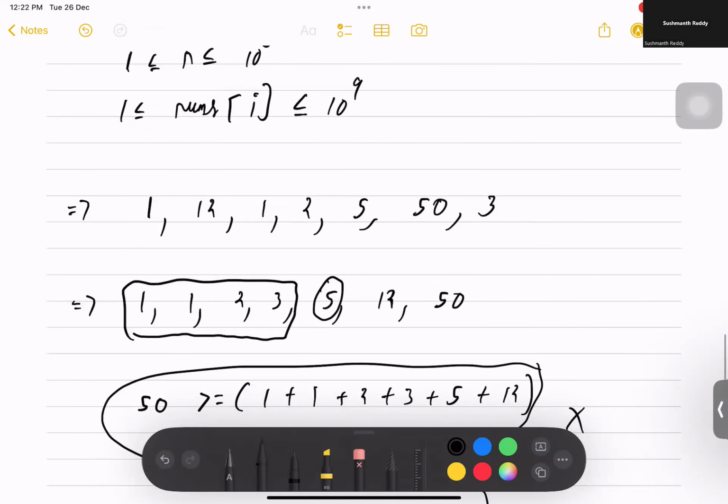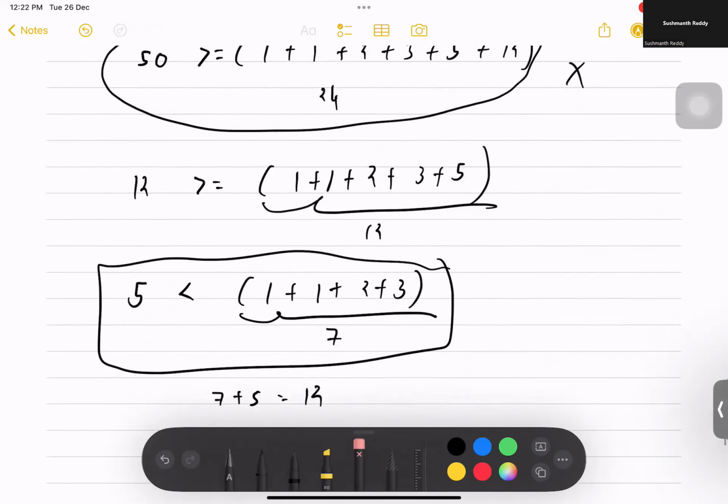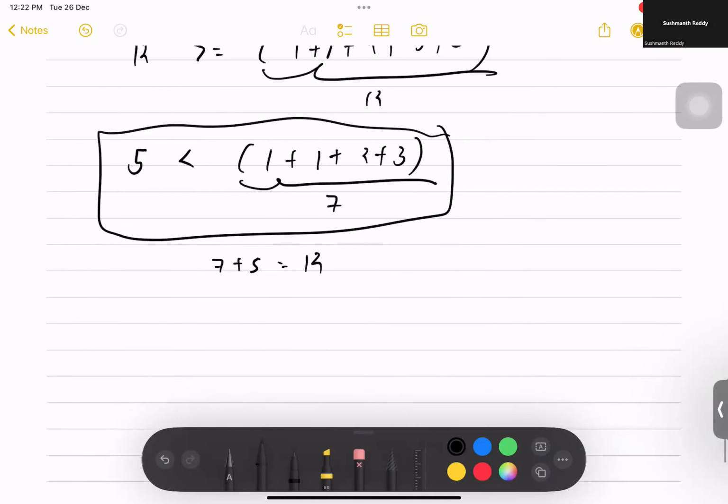So basically we check for this. In case 5 didn't satisfy, then we'll check for 3, then we'll check for 2. After 2 we can stop, because lengths 1 and 2 are not valid polygons. So this way we can solve the problem.